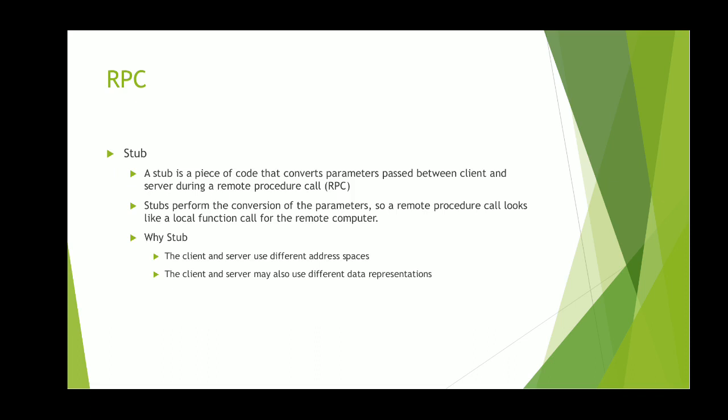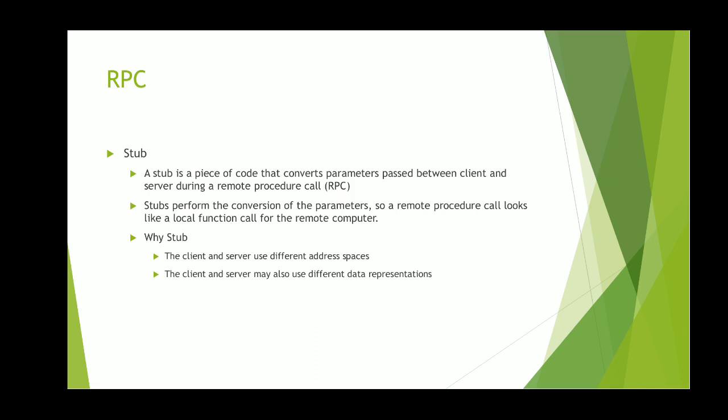So the stub performs the conversion of the parameters, so a remote procedure call looks like a local function call for the remote computer. Another advantage of the stub is that the client and server may be using different data representations.